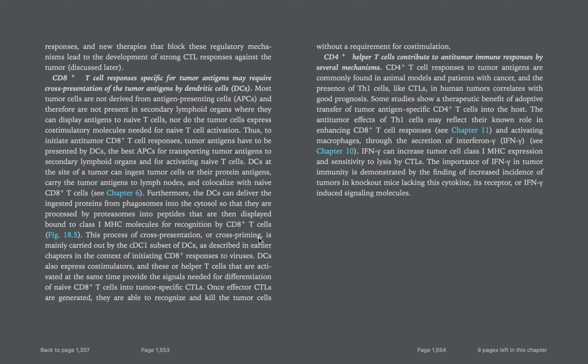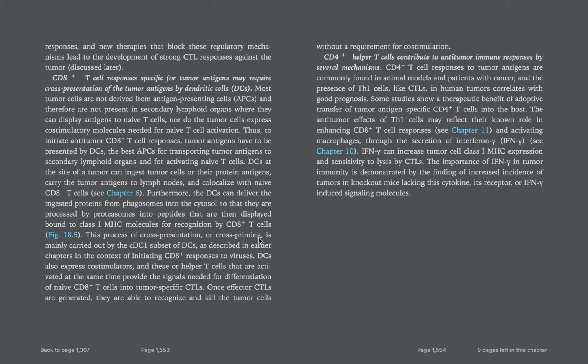CD8 T cell responses specific for tumor antigens may require cross-presentation of tumor antigens by dendritic cells. Most tumor cells are not derived from antigen-presenting cells and therefore are not present in secondary lymphoid organs where they can display antigen to naive T cells, nor do the tumor cells express costimulatory molecules needed for naive T cell activation.